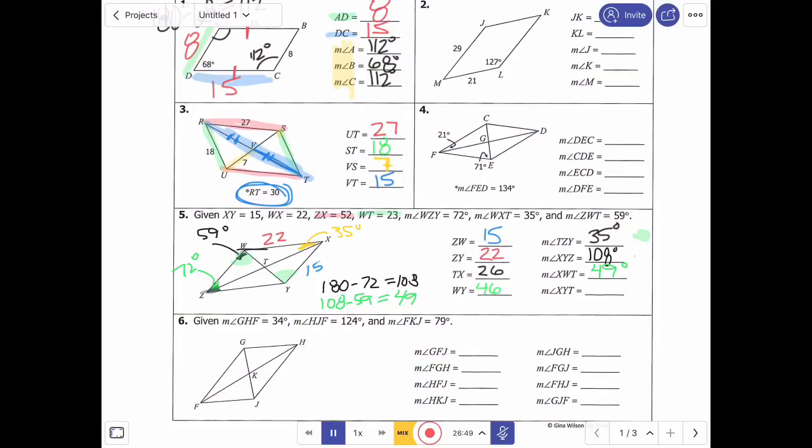So if I extend this parallelogram side, I extend this parallelogram side, I now have two parallel lines cut by a transversal, and these two angles are those alternate interior angles. Okay, so that means this angle is also 59 degrees.